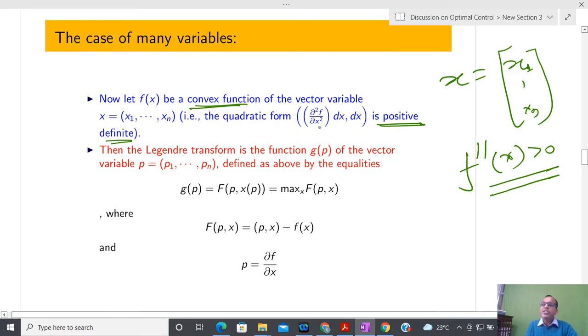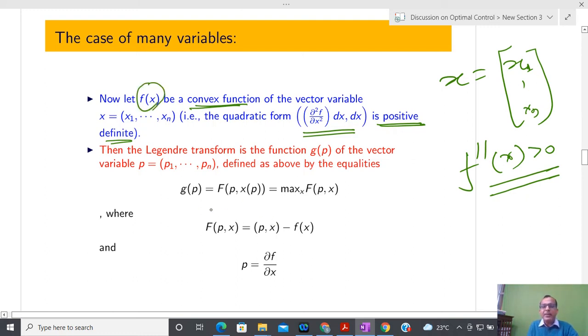Here, instead of that, this is the multivariable case. So now you have to form the quadratic form, and after that we have to check that the Jacobian matrix that comes into the picture should be positive definite. Then only I can confirm that this multivariable function f(x) is convex.